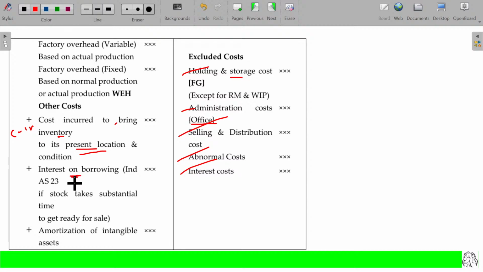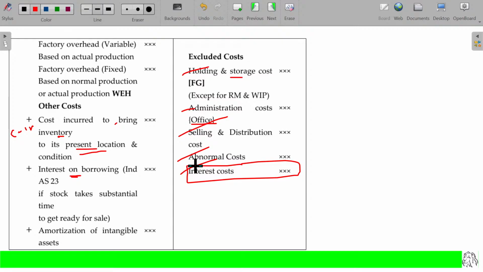Can I add the interest on borrowing, sir? Usually interest on borrowing cannot be addable, provided the material takes a substantial period to get ready for the intended requirement. For example, in case of wine, basmati rice and dal, wine will be brewed for a few years, 3 to 4 years. They invested and kept it preserved for fermentation and all the process.